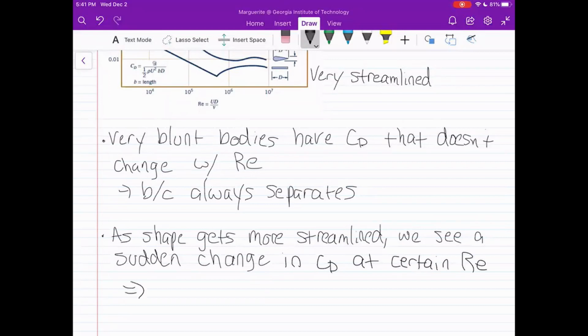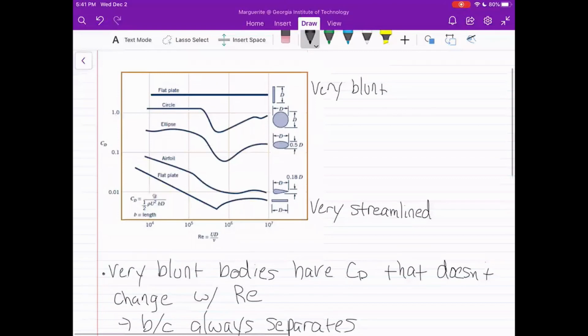And this happens because at the higher Reynolds number, the boundary layer becomes turbulent, and this significantly changes things for us. So I'll go back up here, and I just want to note that this drop happens at different places for different shapes. So whatever that critical Reynolds number is for this change, it will depend on your shape.